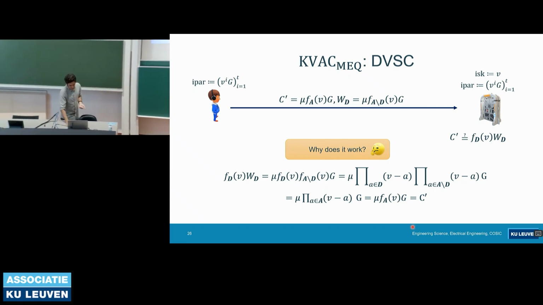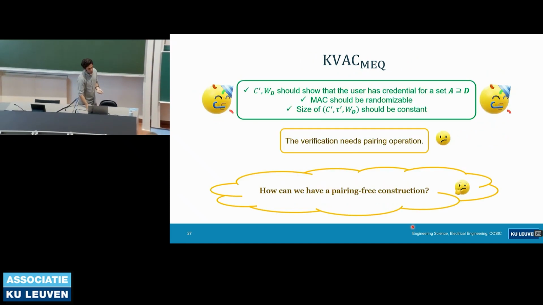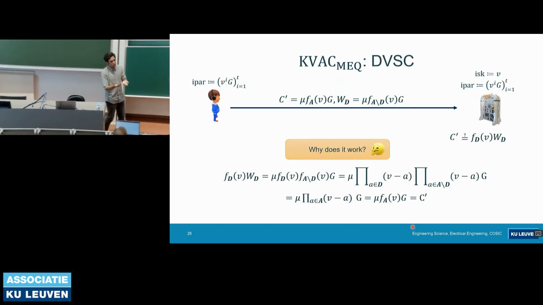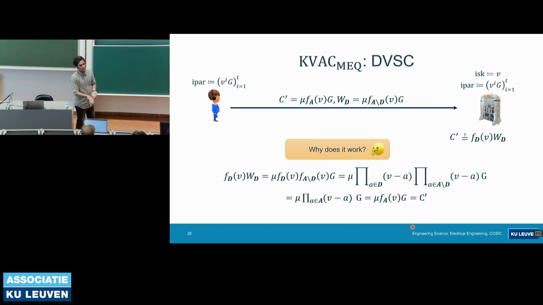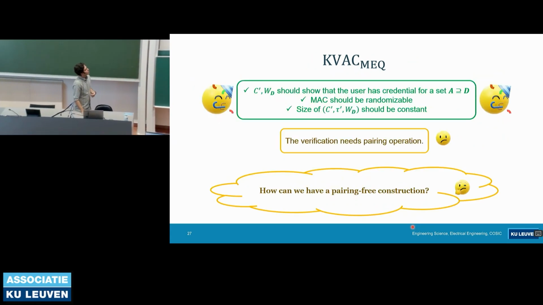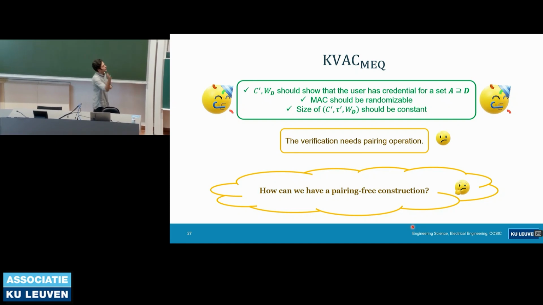And it works. So we achieved all the things because, as you can see, this WD is again one group element, and C prime is also one group element. So at the end, you have constant size showing for your whole KVAC system.